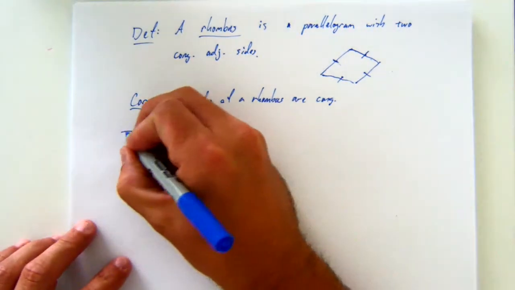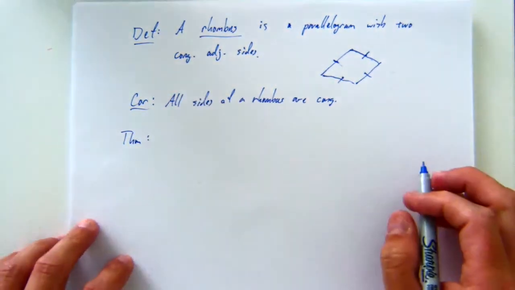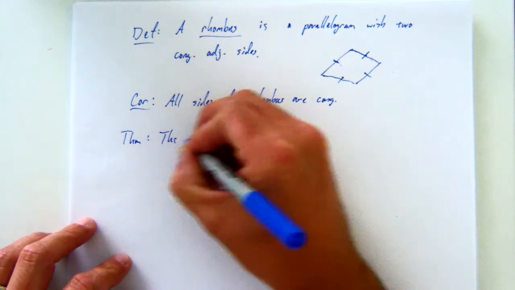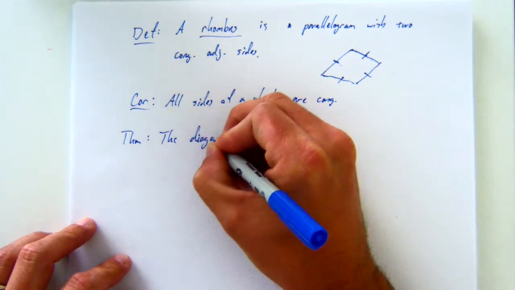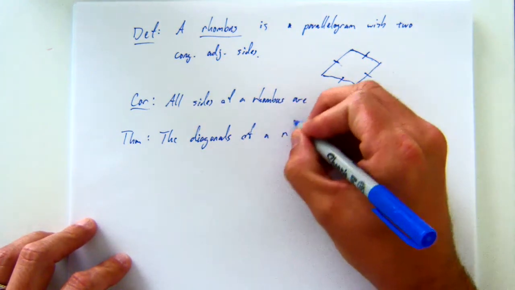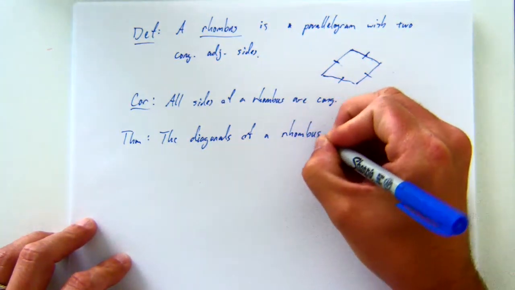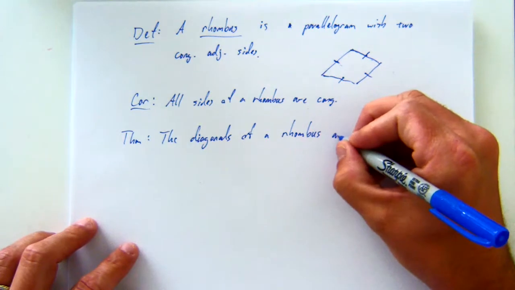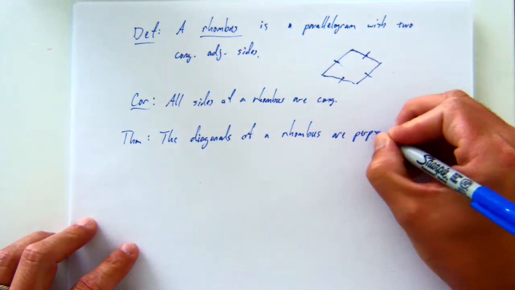And we have a theorem about a rhombus. The diagonals of a rhombus are perpendicular.